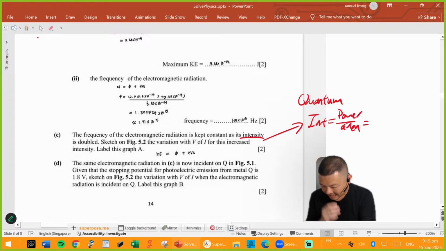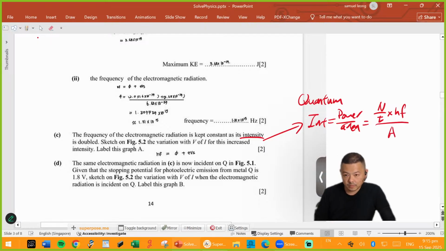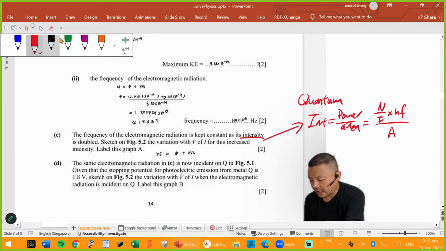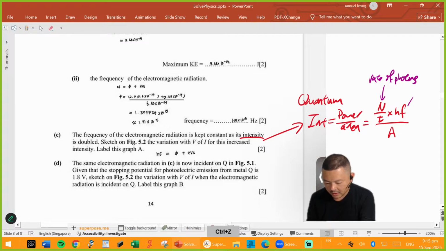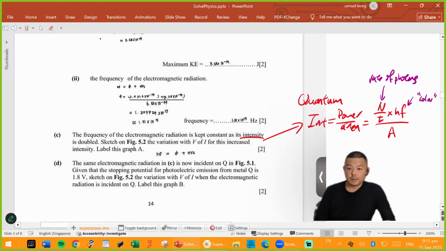And power is essentially just N over T times hf, over A. This is the rate of photons, and this is the frequency, like the color, I mean the type. High frequency is like violet.